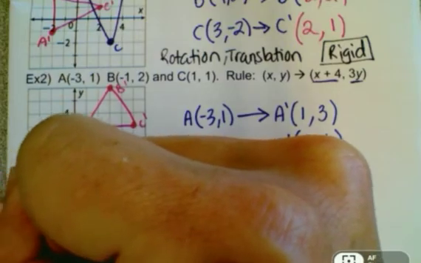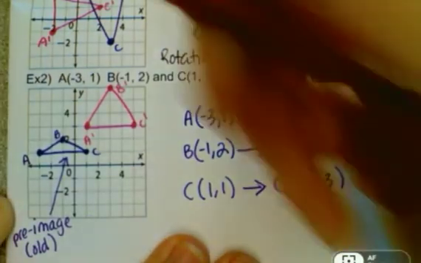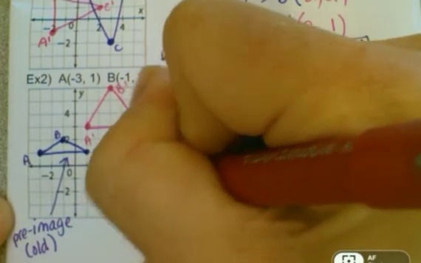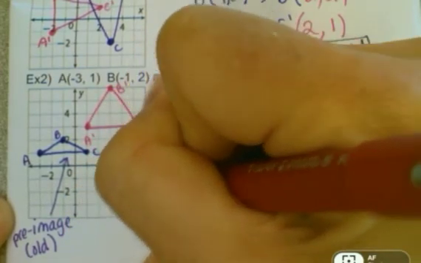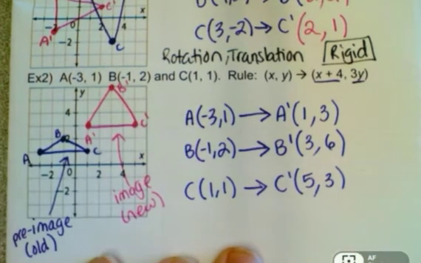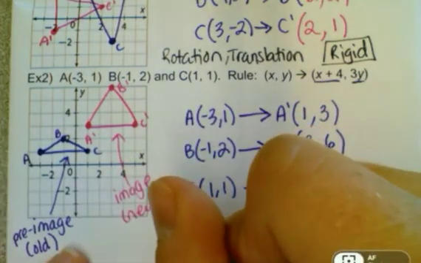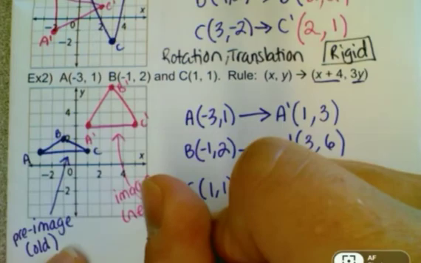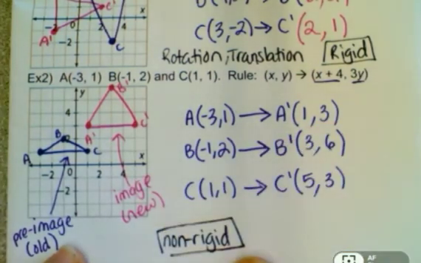And we can write old. And this is our image. New. Okay? And then looking at this, if we try to figure out what happened, this is non-rigid. So let's write that. This is non-rigid. I hope you can see that it got stretched. It's not the same shape and size as it used to be.